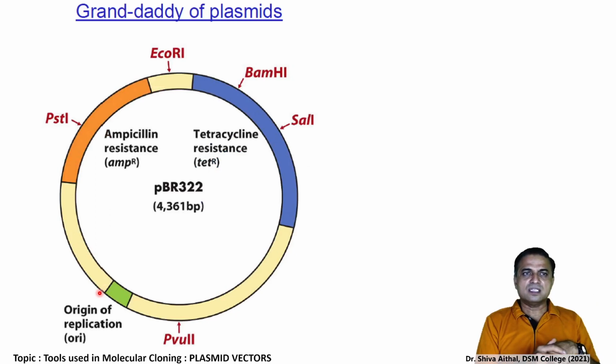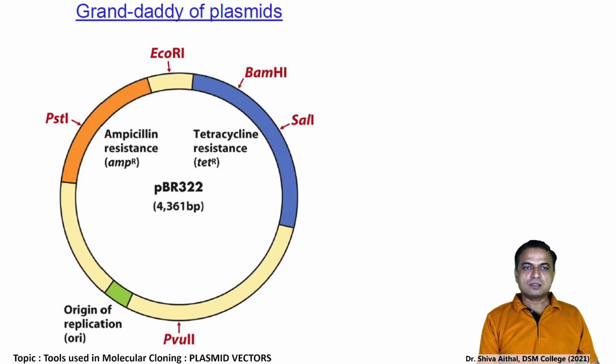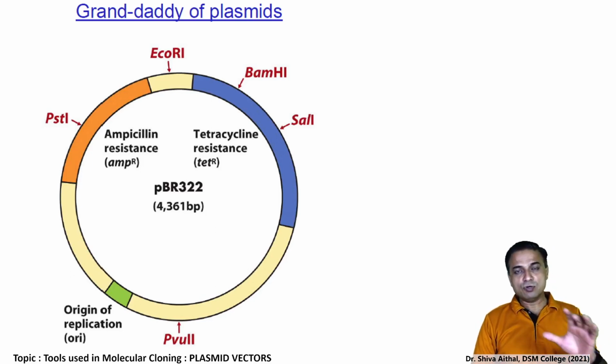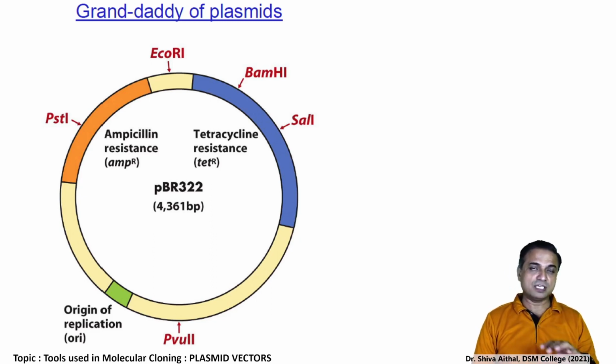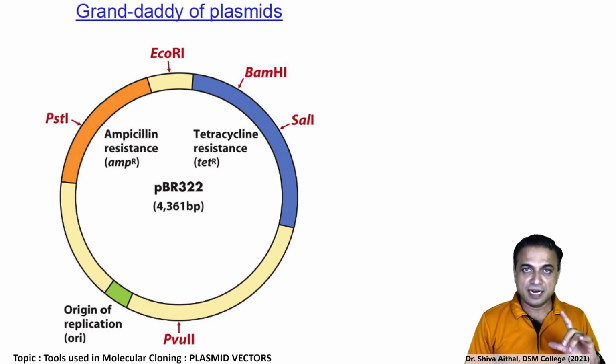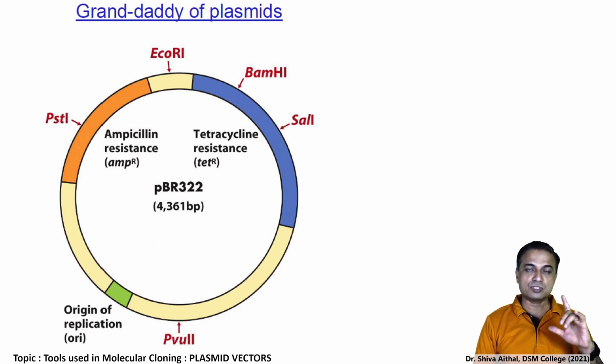Now let us see the plasmid pBR322. This pBR322 is one of the pioneer plasmids to be created and used as a vector in recombinant DNA technology. Even though it is obsolete today, not in use or very primitive for use, it is known as the granddaddy of plasmids, and whoever starts to study plasmids starts with understanding pBR322.